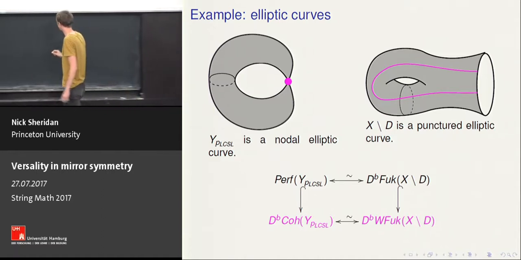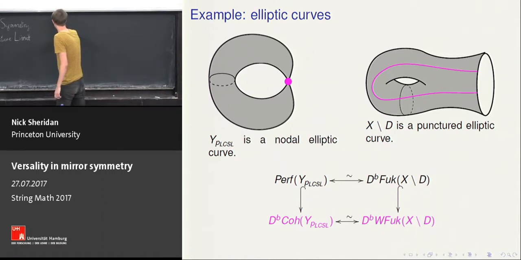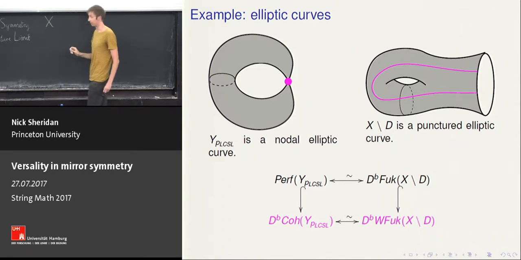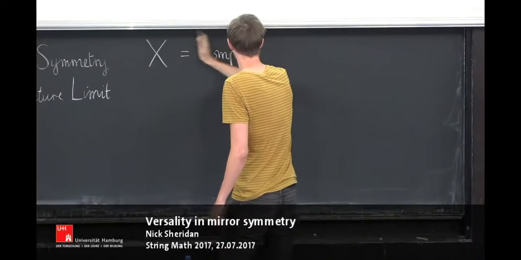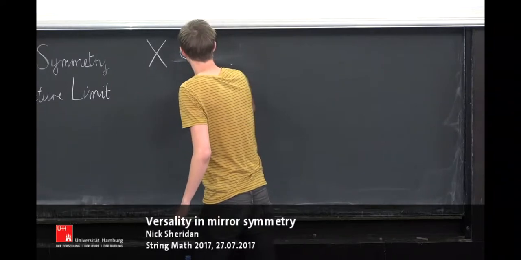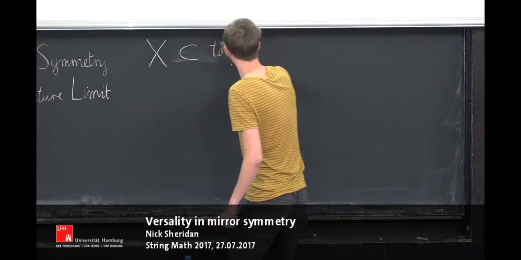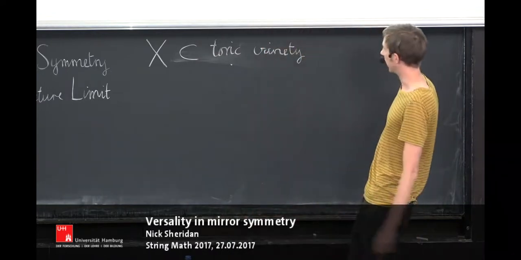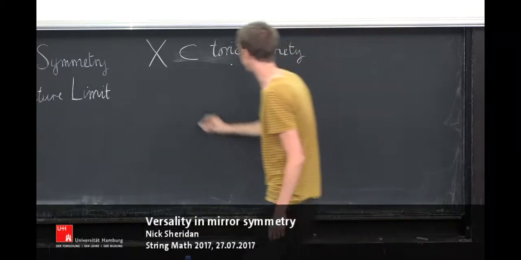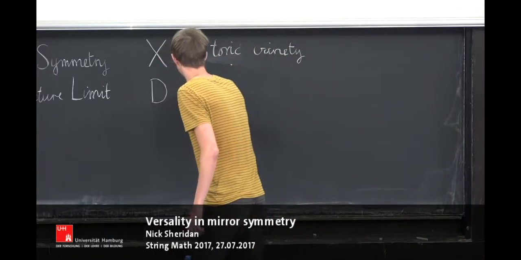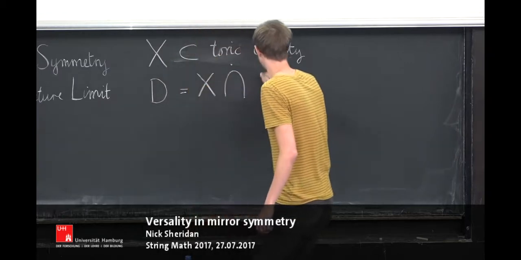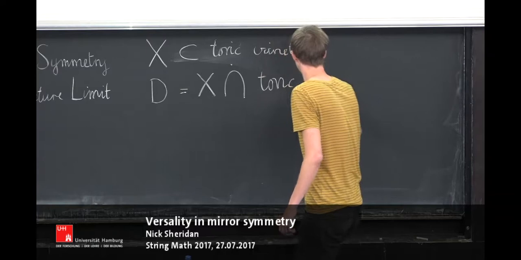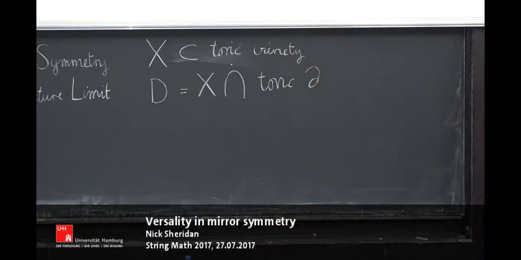This is one example, but the other main example that you can have in mind for the rest of the talk is you can imagine X being a subvariety of a toric variety, and D to be the intersection of X with the toric boundary divisor.